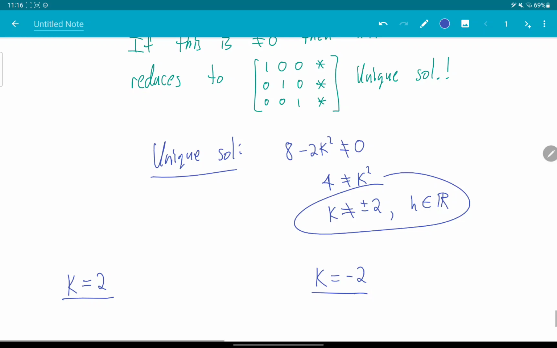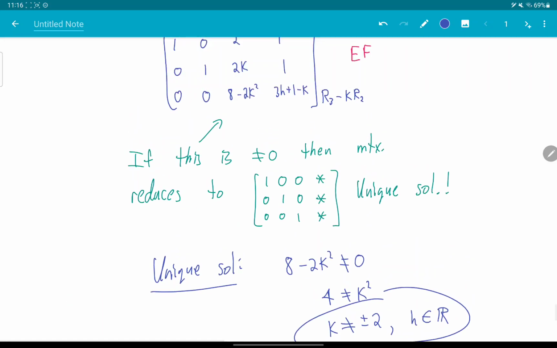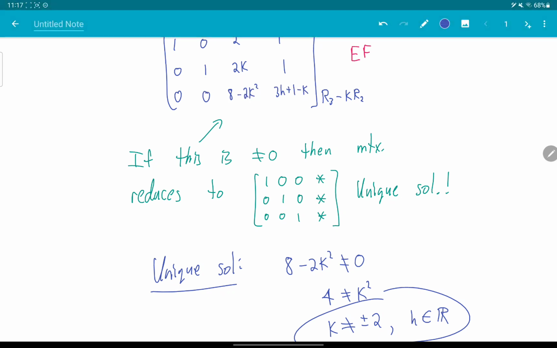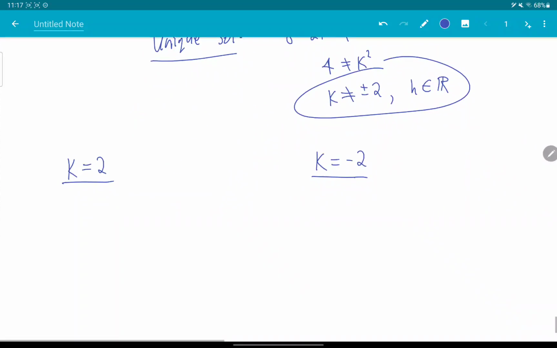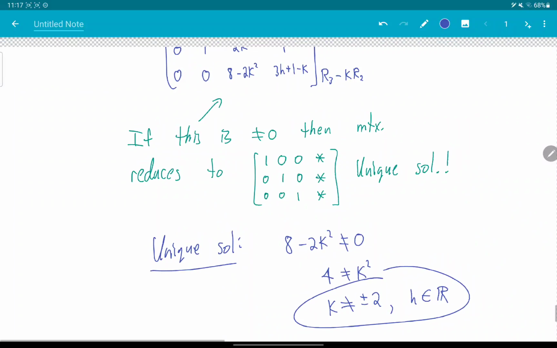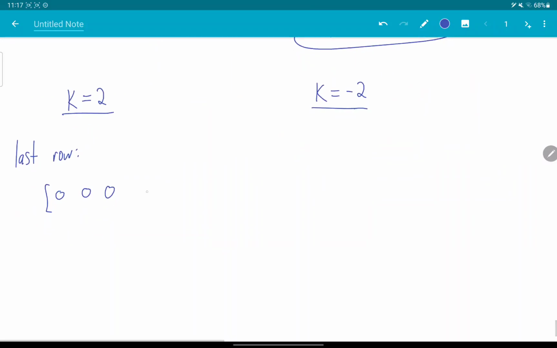Okay, so if k is equal to 2, what happens to this last row here? Well, if k is equal to plus or minus 2, what do you get? The last row becomes 0, 0, 0, and what's that last one? 3h plus 1 minus k. 3h plus 1 minus 1, like so.